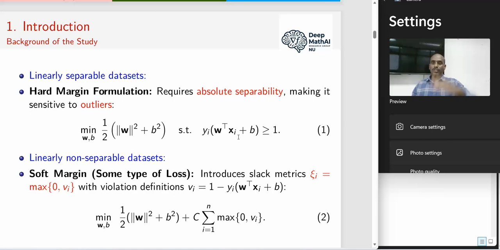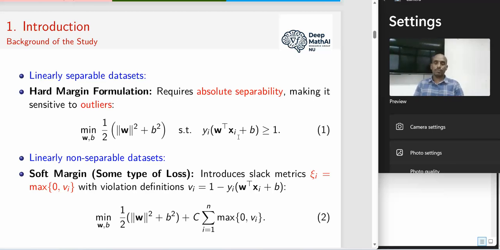But in this case, we may have two types of data sets in terms of separability. One is linearly separable data sets, and the other is non-linearly separable data sets. In the case of linearly separable data sets, the data sets can be separated into the two classes without any error, without making any misclassification.